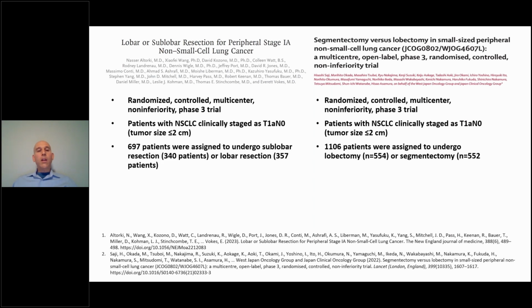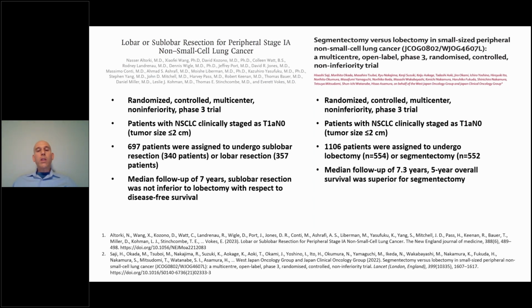And you can see that, in both groups, almost 700 in one study and over 1,100 in the other. When we look at the follow-up time for at least 7 years, what they found was that sublobar resection was either not inferior or segmentectomy was superior than going forward with lobectomy. And similar 5-year disease-free and relapse-free survival was seen.